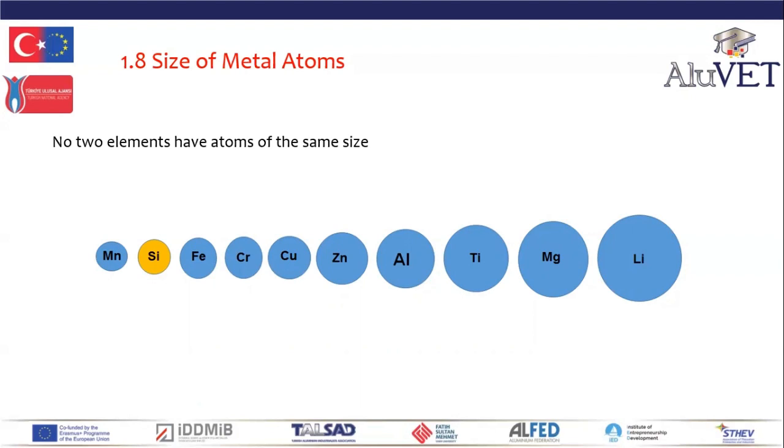So you can see that no atoms have the same size. The higher the atomic number, the smaller the atomic size. And this is relative, so you can see that lithium, being a light metal, has a very, very large atom. Manganese has a very, very small atom. So no two atoms have exactly the same size.